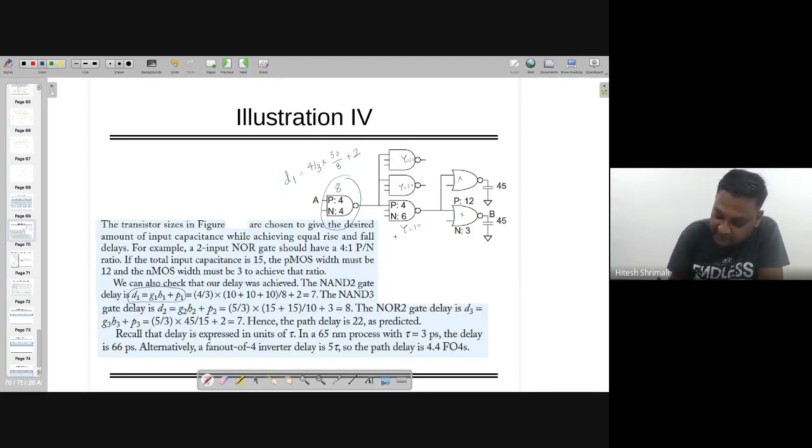For the second one, d2, again gh plus p, where g is nothing but 5 by 3 multiplied by c out, here h equal to 15, x equal to 15. So at this node I am seeing 30 as output, and at the input side I am only seeing 10. Look at this, it's only one gate, it's not all 3 gates together.